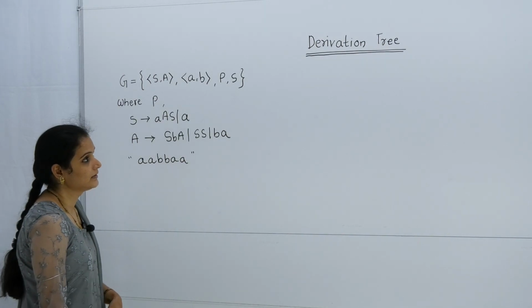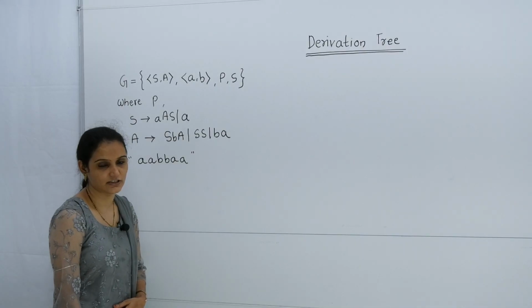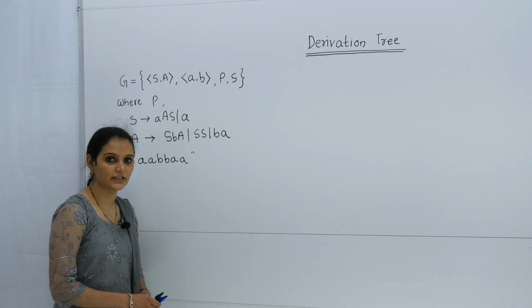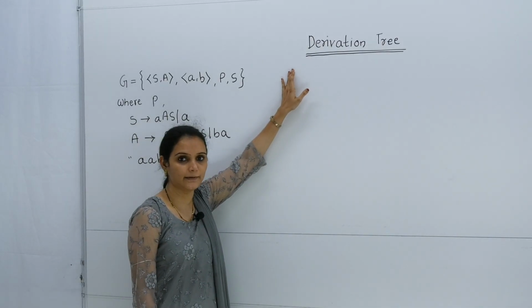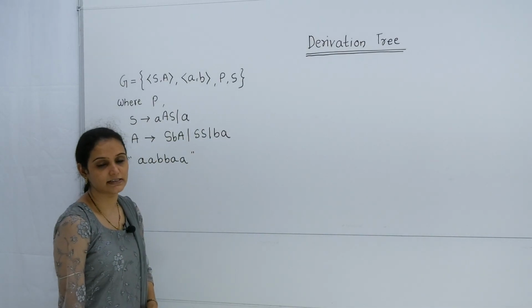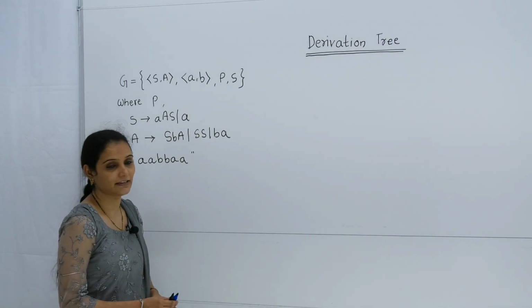Here derivation is of three types, as we have seen in the previous lecture. The first type is the leftmost derivation, the second is the rightmost derivation, and we are now at the third type, that is the derivation tree, which is also called a parse tree. So what exactly is a derivation tree?